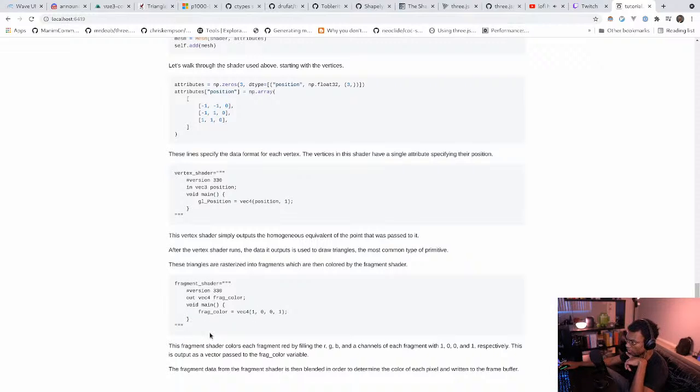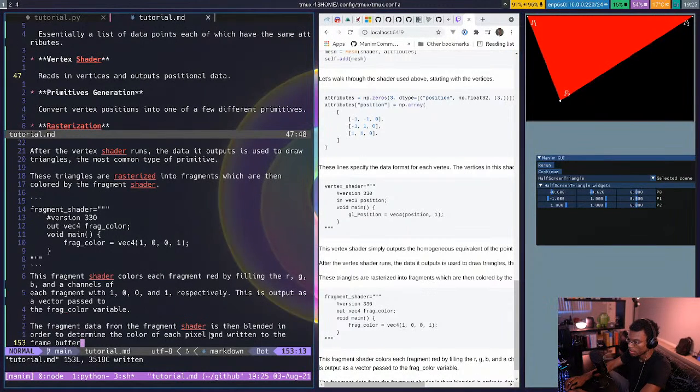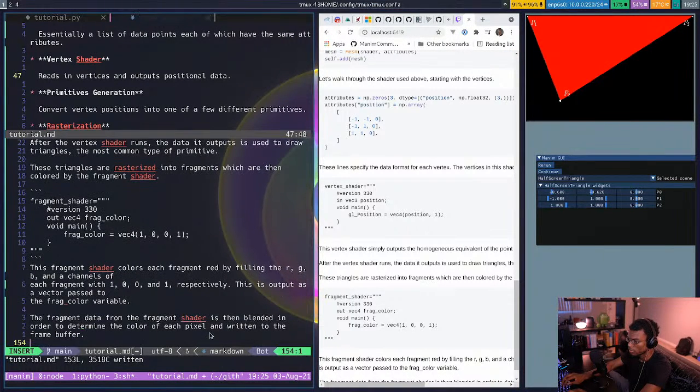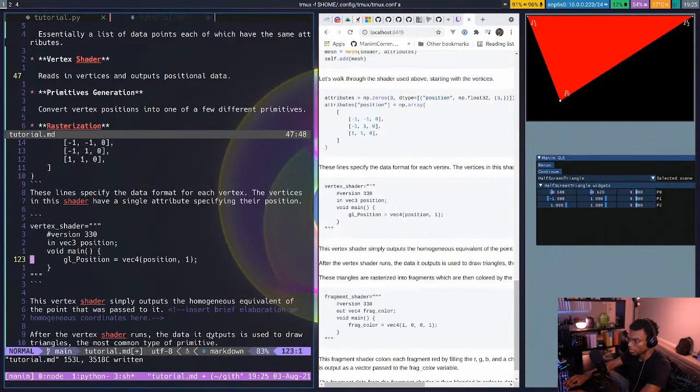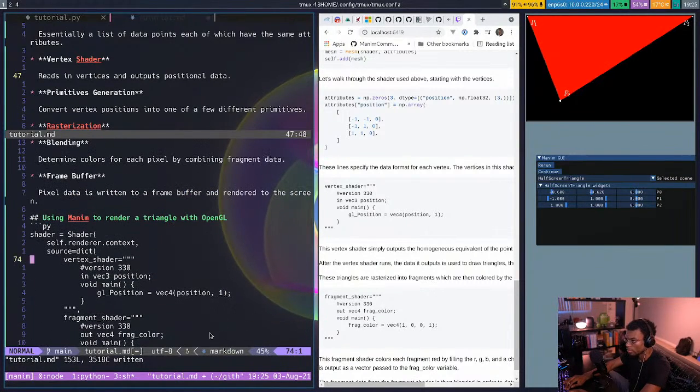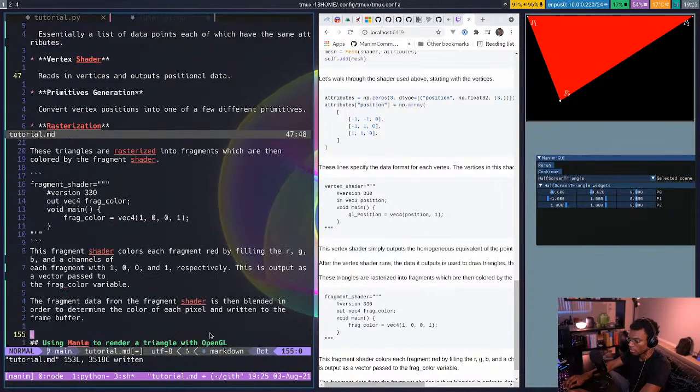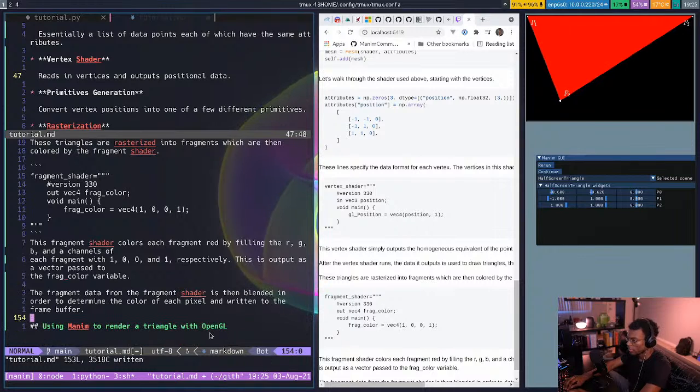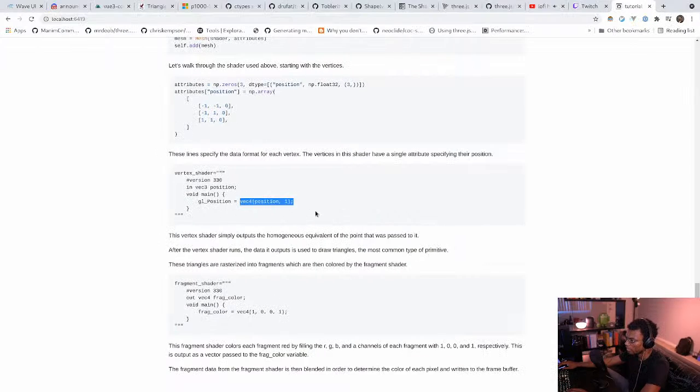And then it just goes over the rest of the steps. Okay. That looks good. So at this point I would have skipped over the homogeneous coordinates, so I'd have to mention why this is a vec4. And probably why this is a vec4. Now that's kind of more self-explanatory.